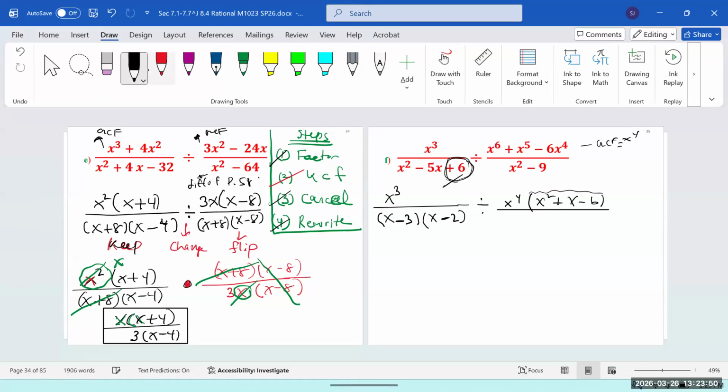This is more factorable. So what factors do you get? X plus 3, x minus 2. So 3 times negative 2 is negative 6, works. And 3 minus 2 is 1, works. Great. So see, sometimes it's double factorable.